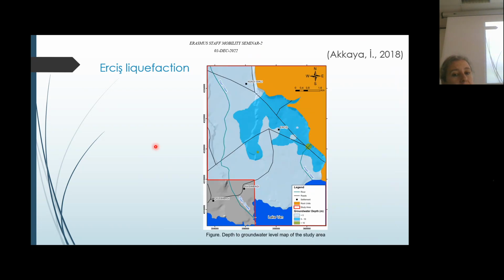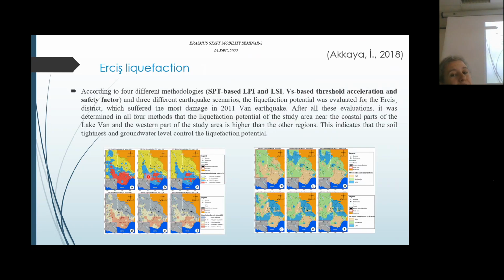And besides, we were trying to have the groundwater table all over the city center in order to get some scaling, and even, let's say, SPT based or VS based factors or different items. So why are we doing that?